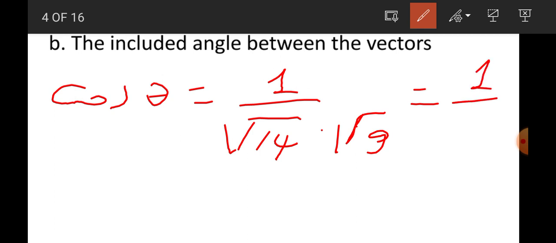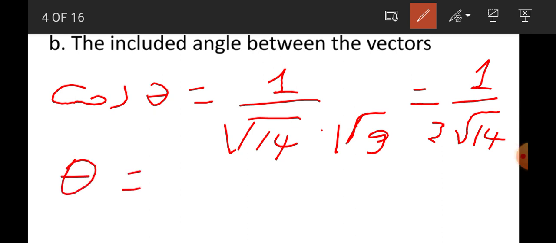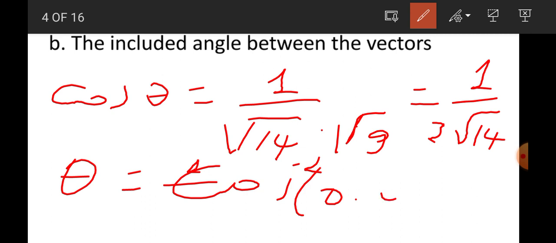So this is equal to 1 over 3 root 14. So theta is equals to square root of 14 times 3 ይሄንን ፈልገን square root of 14 ካልኩሌት ስናደርግ ዘን አድርገን ከ3 ጋር ስናባዛው 1 ኦቨር ከዛ ለአንድ ስናካፍለው ማለት ነው cos inverse of 0.09.